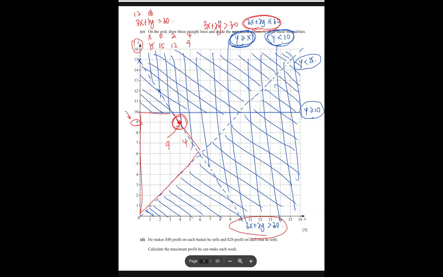Okay, so I'm just going to write here the maximum profit. Max profit is 40 times 9. Okay, 40 times 9, and then 28 times 4.